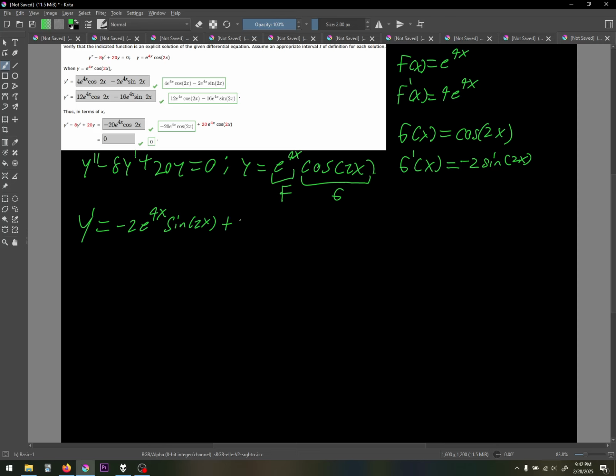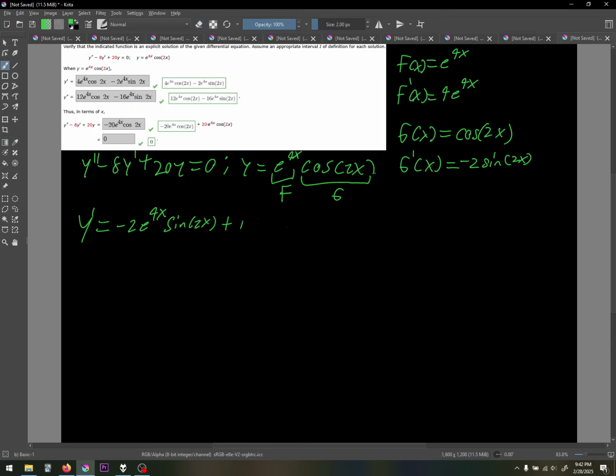plus, let's see, g prime, g f prime, yeah, cosine 2x. Well, we can just probably write f prime, or just manipulate this around a little bit.